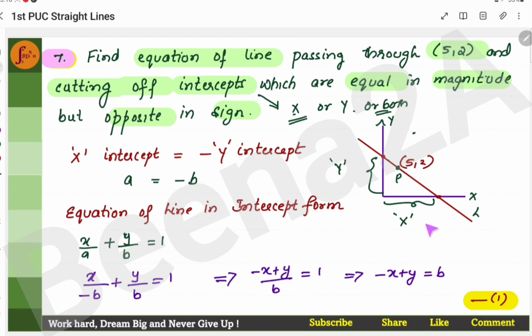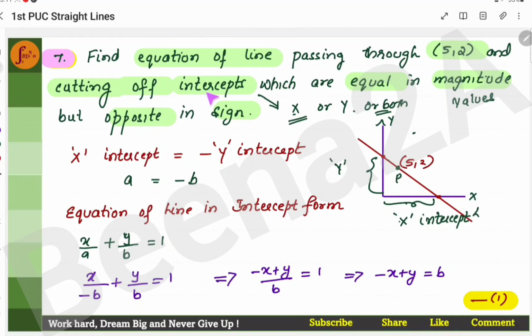This is called as x-intercept. X-intercept means it's cutting x-axis. Y-intercept means it's cutting y-axis. So this is y-intercept. This is x-intercept. Both have same values. It's equal in magnitude. That means values are same. But opposite in sign. That means one is positive, one is negative. Right? We don't know which one, but one is positive, one is negative.